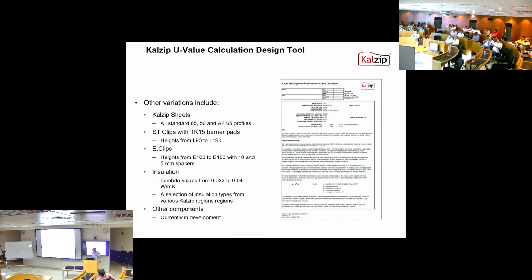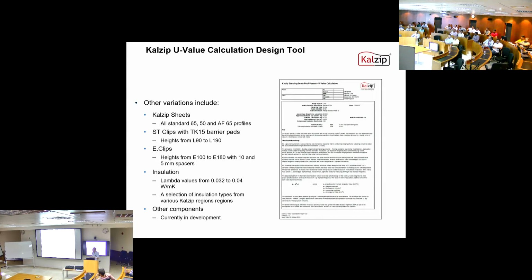This is our U-value design tool. So we can put all the Calzip sheets in, different profiles, different types of clips, different clip heights, different insulation conductivities. Our rock or glass fibre products have a conductivity of 0.032 to 0.04 in terms of lambda value.